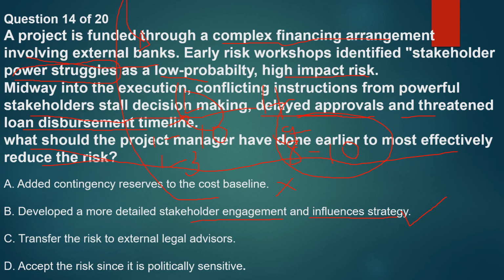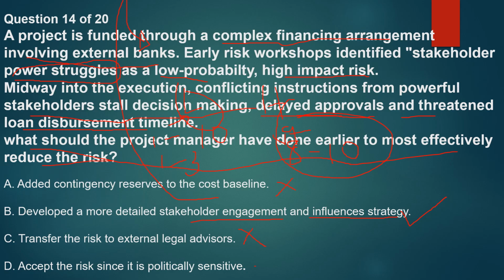C, transfer the risk to external legal advisors. You can do this, but this is not what will solve the problem at that stage. D, accept the risk since it is politically sensitive. Well, you can do this, but look at the question: delayed approval and threatened loan disbursement.